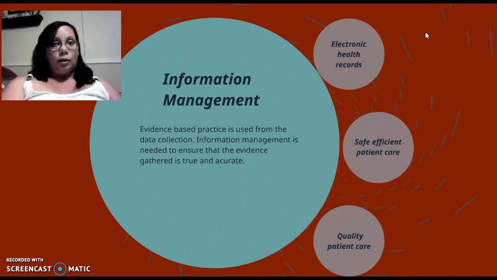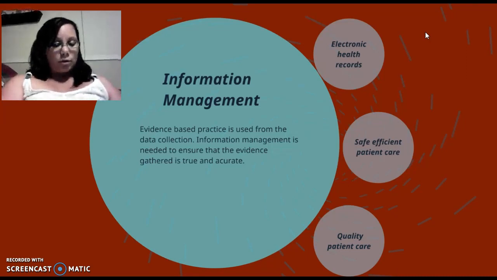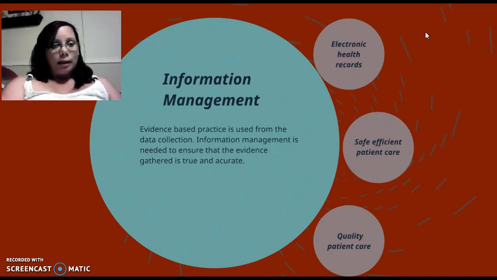If they went in for stomach pain and they need to see a gastroenterologist, they're able to go visit that gastroenterologist who's on the same network, and that gastroenterologist can see those medical records because of the electronic medical record. So that quality of patient care is very important.